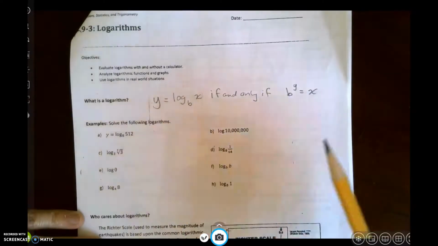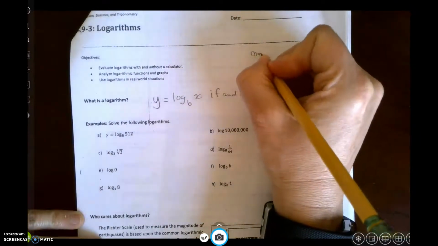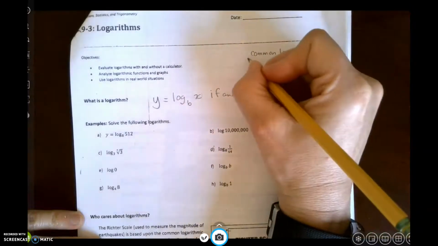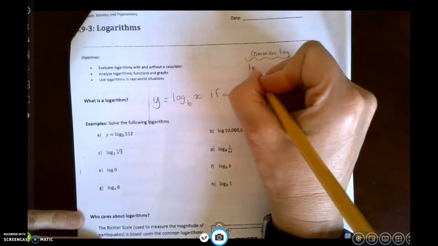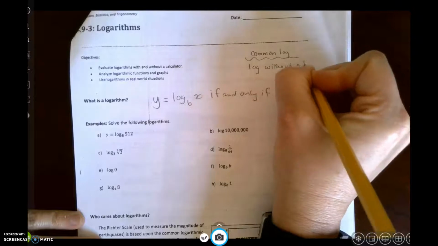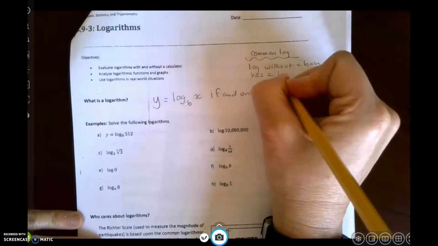One of the things that we are going to be talking about, and we're just going to put this in our notes, is that there's something called a common log. That is when a log without a base has a base of 10.